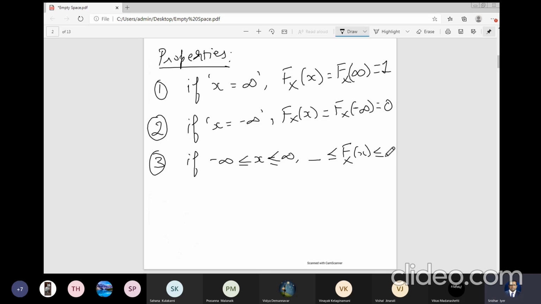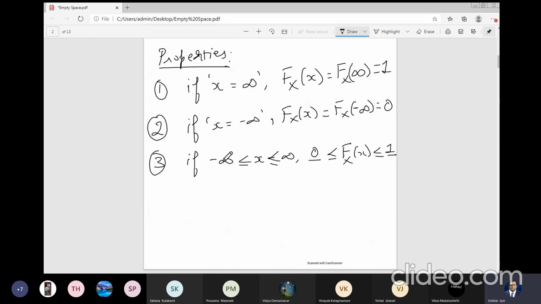What should I fill here and what should I fill here? Look at point 1 and 2. If x is between minus to plus infinity, what will happen to the CDF? 0 to 1.